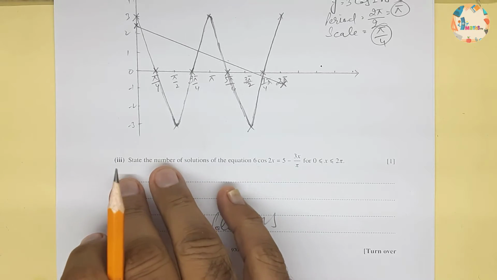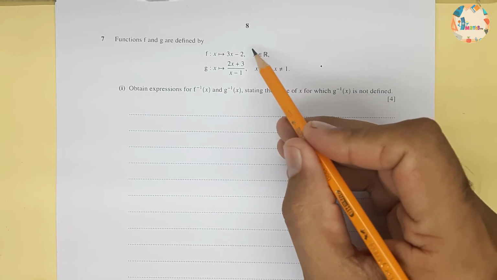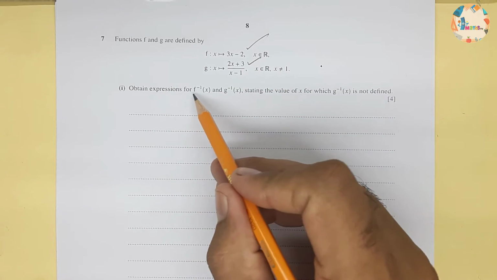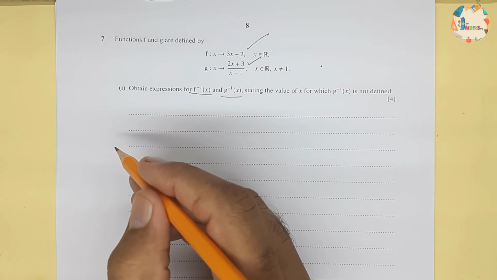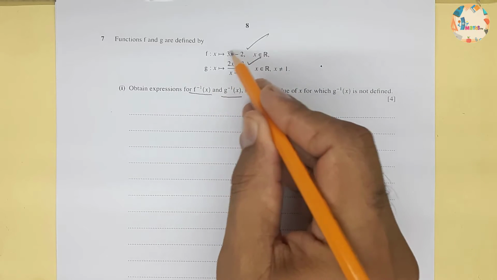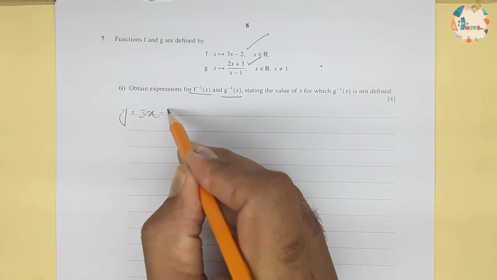Next question is question number 7. Functions f and g are defined by this one and this one. Two functions are defined. Obtain expressions for f inverse of x and g inverse of x. So we can find f inverse of x. We can write f of x as y. y is equal to 3x minus 2.